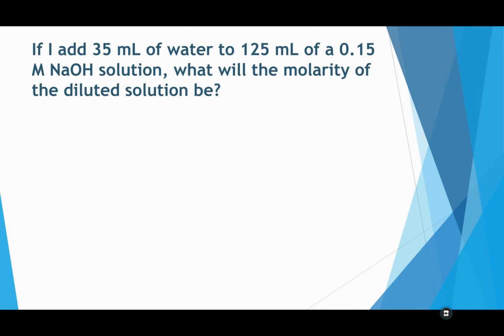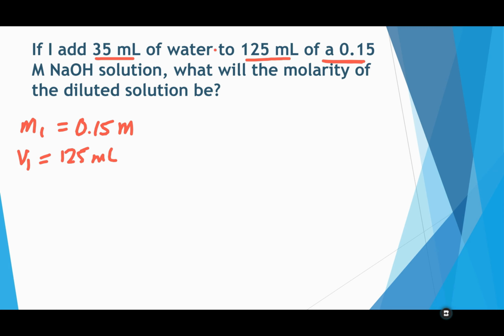If I add 35 milliliters of water to 125 milliliters of a 0.15 molar NaOH solution, what will be the molarity of that diluted solution? So if I add 35 to 125 of a 0.15 molar solution, my M1 is 0.15 molar, my V1 is 125 milliliters.